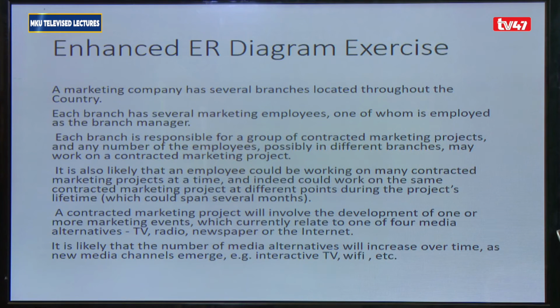Each branch is responsible for a group of contracted marketing projects, and any number of the employees, possibly in different branches, may work on a contracted marketing project. It is also likely that an employee could be working on many contracted marketing projects at a time, and indeed could work on the same contracted marketing project at different points during the project's lifetime, which could span several months.